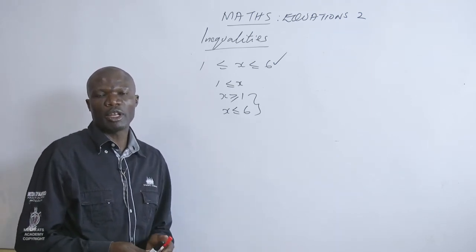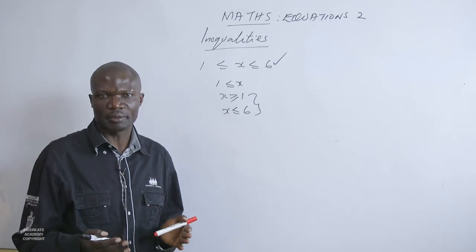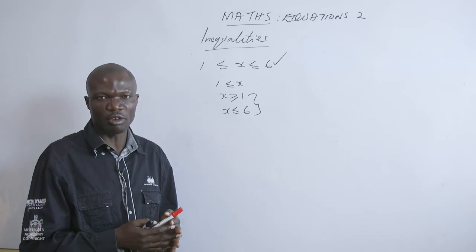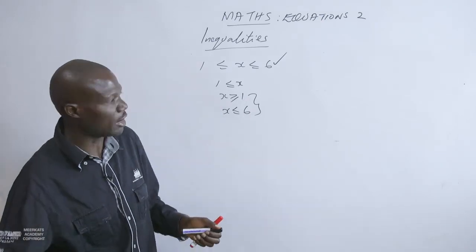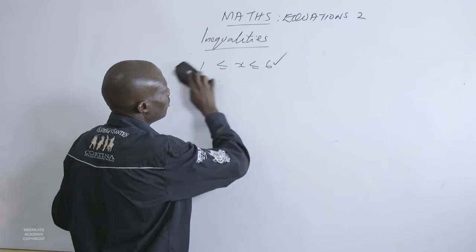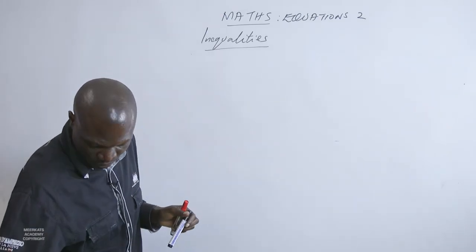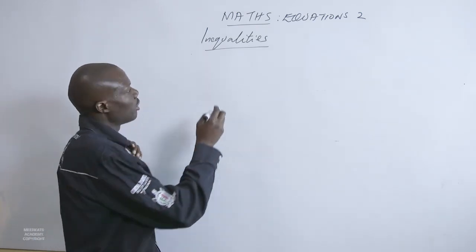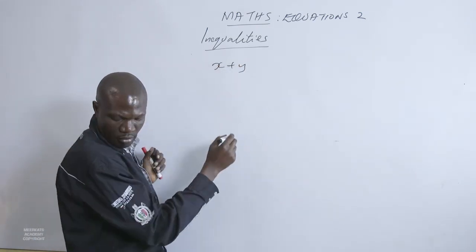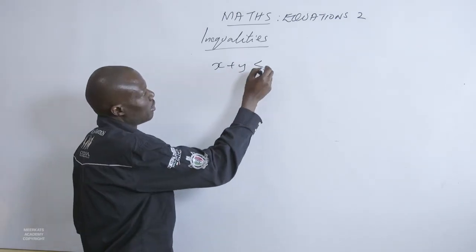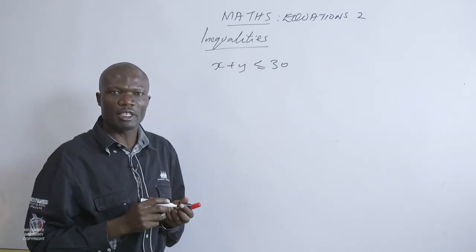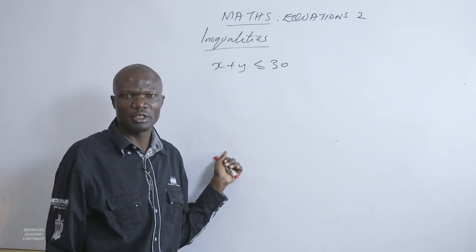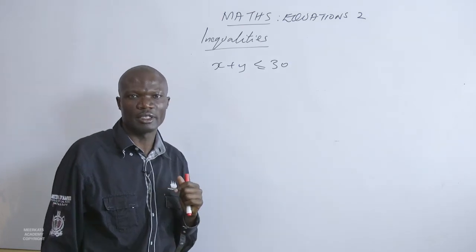There is a situation where we work with what we call the boundaries, where we have two inequalities taking us to a certain level without going beyond a certain limit. For example, x plus y is less than or equal to 30.